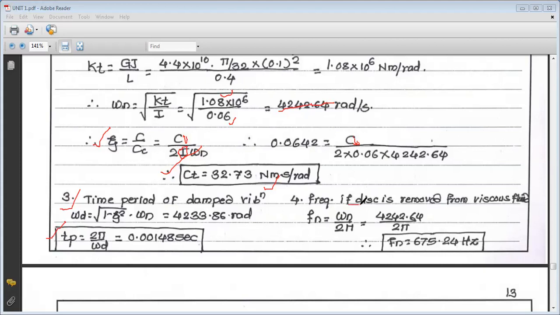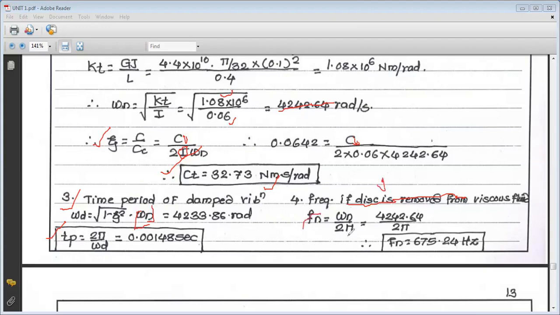Now, we have to find out the frequency if the disc is removed from the viscous fluid. It means there is no value of zeta. So if the value of zeta is 0, then the frequency is called the natural frequency. There is no damping, which means this is the undamped frequency. Now, the natural frequency of undamped free vibration is Fn.